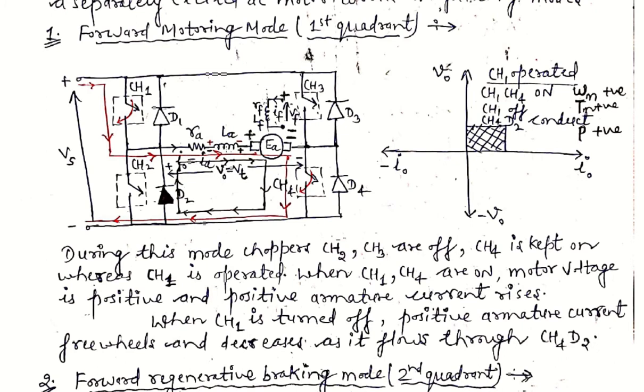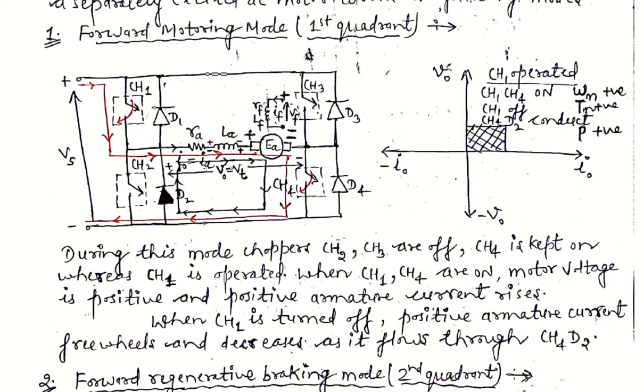It passes through the armature of the DC machine, and again through CH4 and back to the supply side. We assume here that the armature current I naught equals IA, which is the output current at the motor terminals, and V naught equals VT, the terminal voltage at the output of the machine.